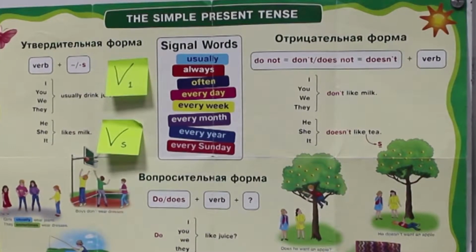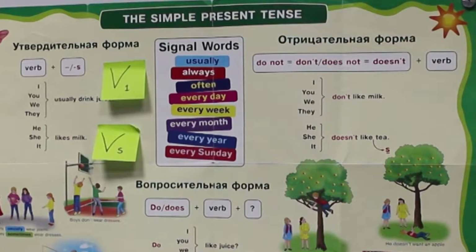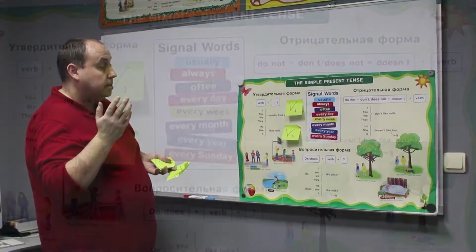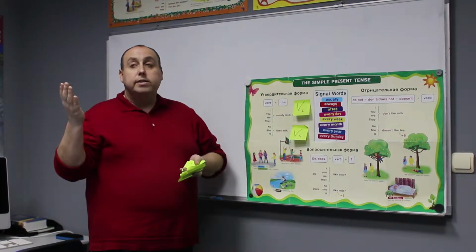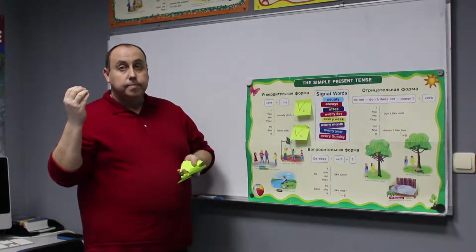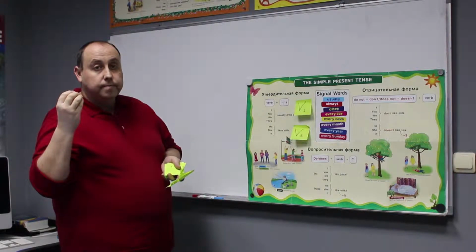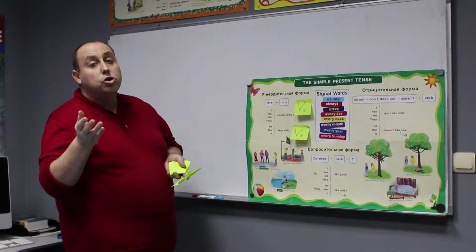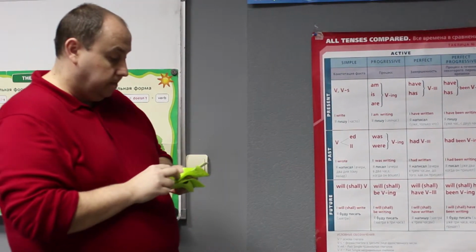But once again, the present simple isn't only used for routines and habits, it's also used for obvious facts. Winter occurs every year. Water boils at 100 degrees centigrade. And also, what is your name? How are you? Let's go back to our present simple.